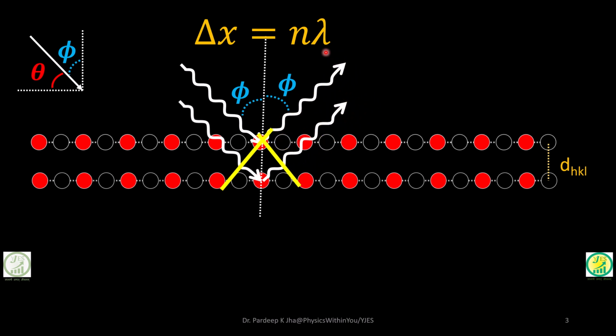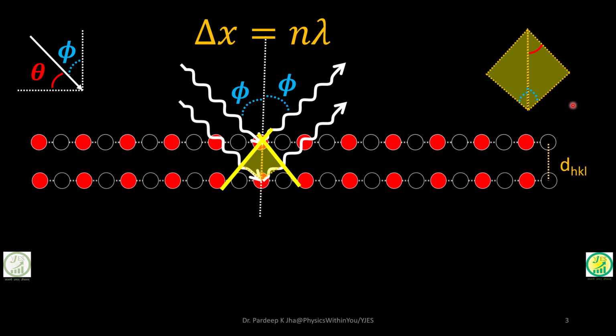Everything will be the same apart from the fact that here a path difference is generated, and this path difference is shown by the shade here. I am showing this in a more elegant way so that you can understand that the same thing is here.